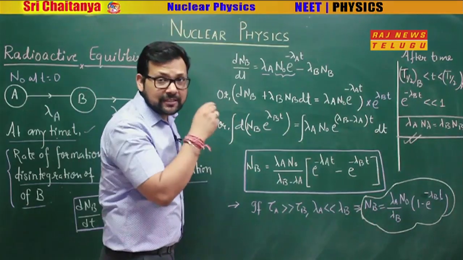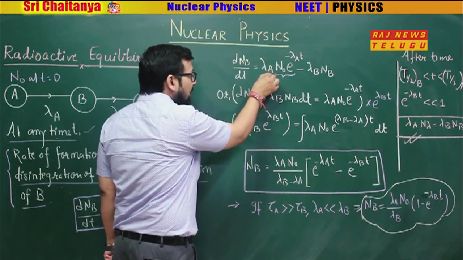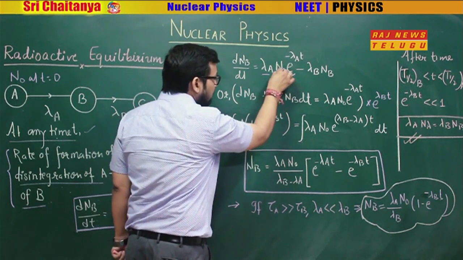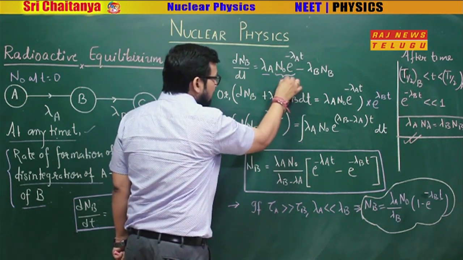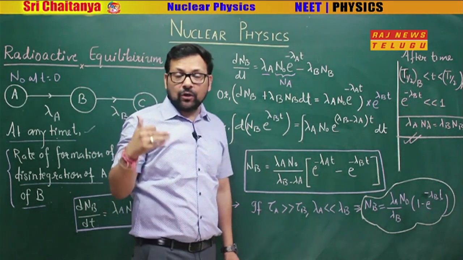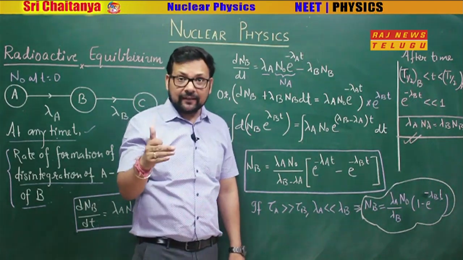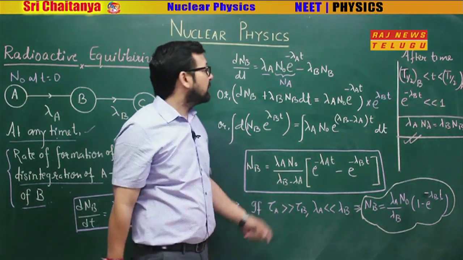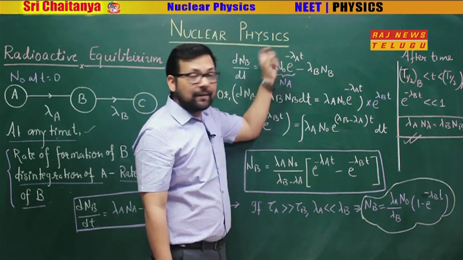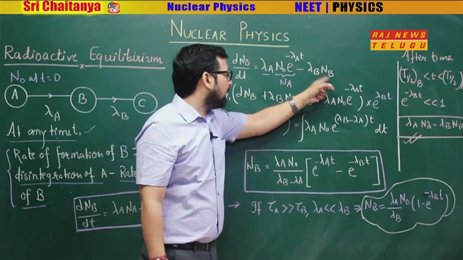Now see this differential equation, dNB by dt was lambda A NA. But NA, according to that exponential law that we got at the end of the law of radioactive decay, the Soddy and Rutherford's law, is N0 e raised to power minus lambda A t. So minus lambda B into NB.